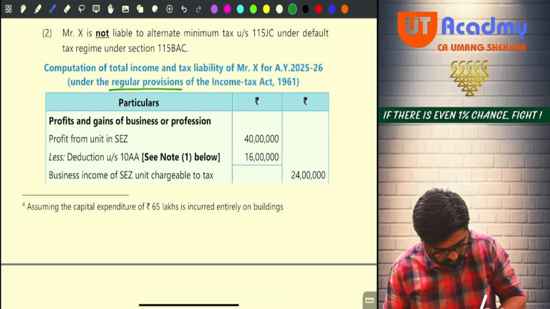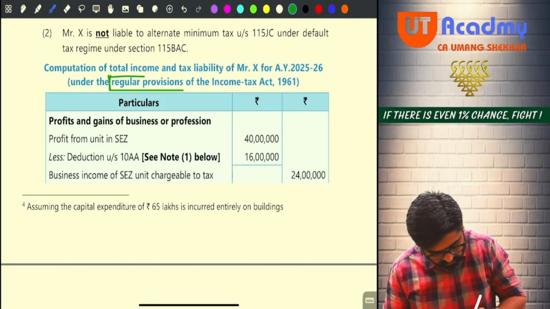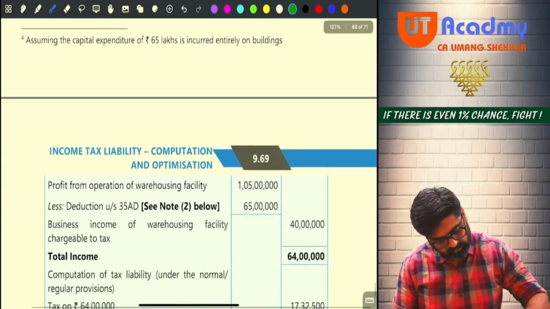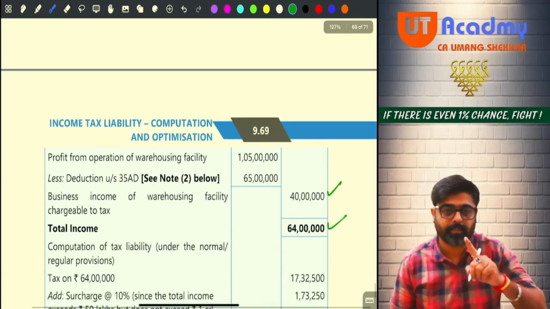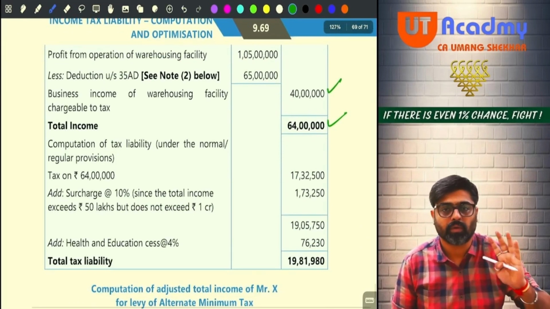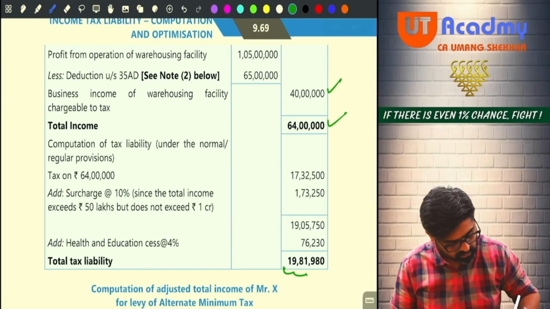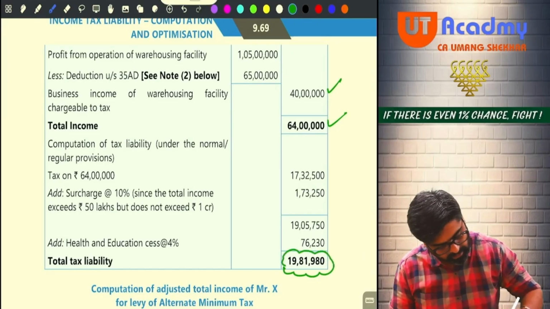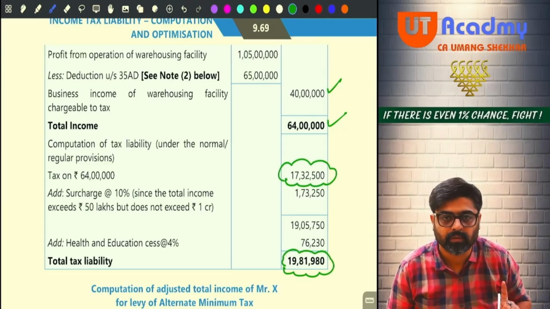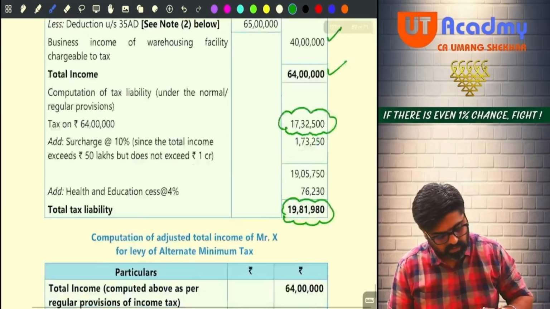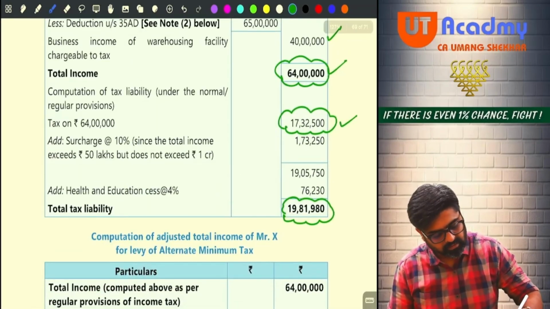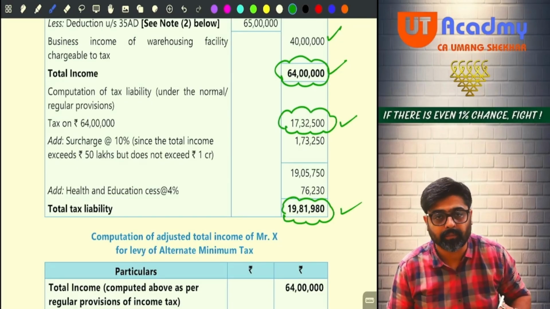Under the regular provisions, 24 lakhs and 40 lakhs, 64 lakh PGBP income we got. 64 was our total income also, and we also got 19 lakh 81,980 and 17 lakh 32,500. We got these two figures. Now please check, the total income was 64, tax is this much, and final tax was 1981.